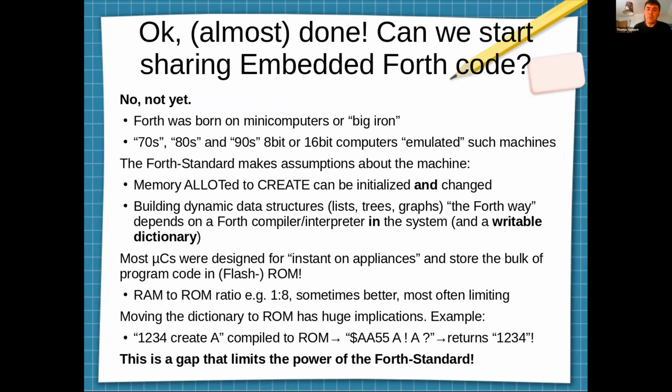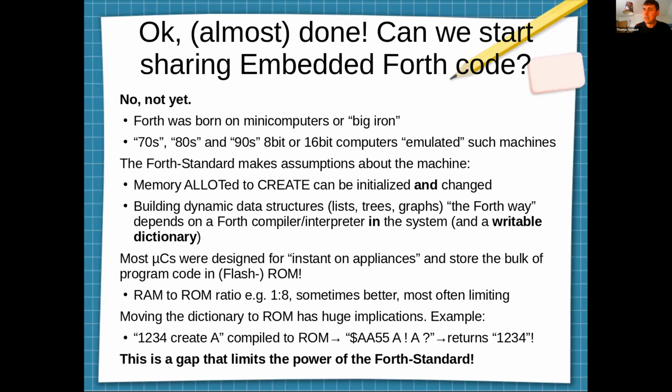If you move the Forth dictionary to the ROM, it has huge implications. If you do, say, 1, 2, 3, create A, and compile that to ROM, it will run fine. So you can check that value and get the table that you created at that point in the dictionary, but you cannot write to it.